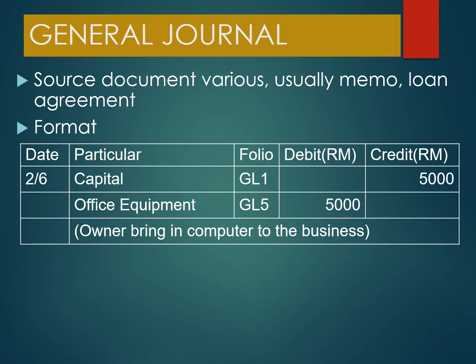And in the general journal, we have the narrations or explanations at the bottom of each transaction. For example, this transaction is explained as the owner brought in a computer to the business.